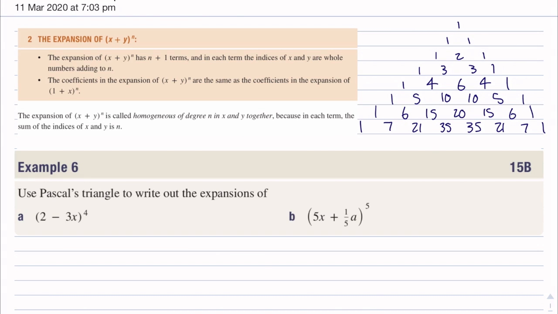The syllabus explicitly states that it's only for small positive integers. So this is n equals 2, 3, 4, 5, 6, and 7. I wouldn't expect them to ask anything above 7. 7 would be a stretch in an exam, because it's a lot of time wasted on something that, if you do it for n equals 4 or 5, you've shown the exact same skill.